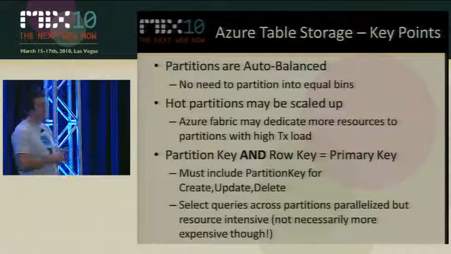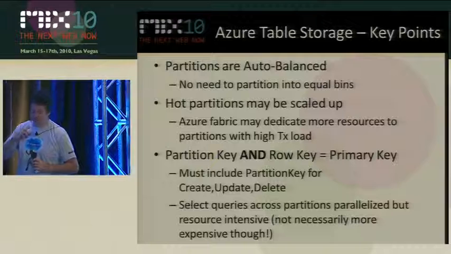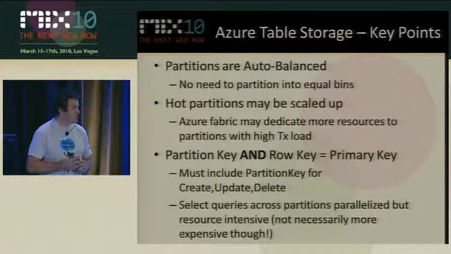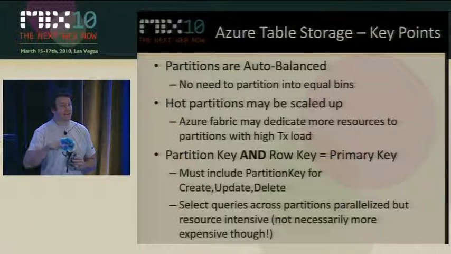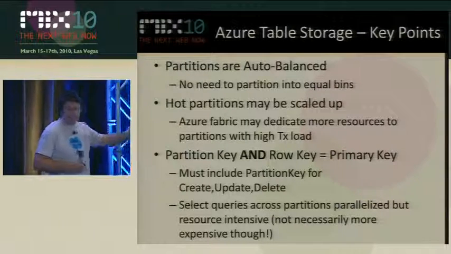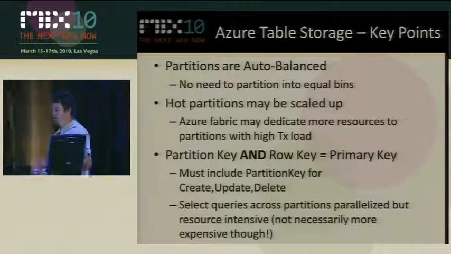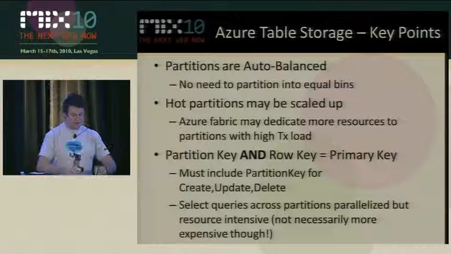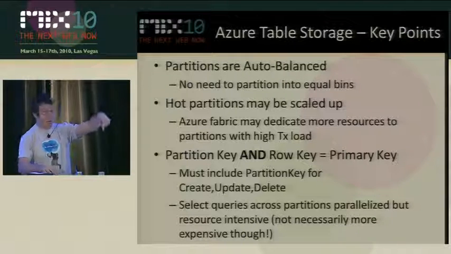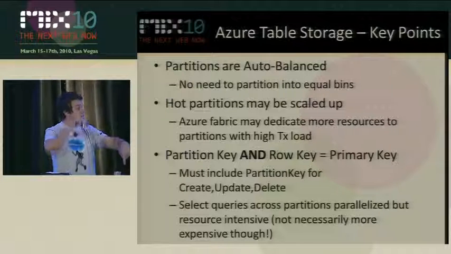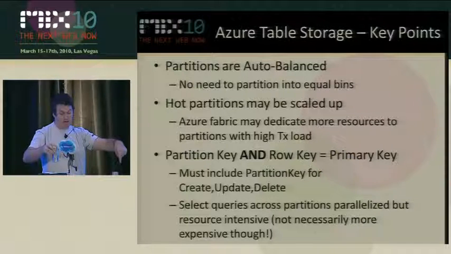With Azure Storage, hot partitions may be scaled up. And what I mean by that is if we see a lot of read-write loads suddenly starting to hit a particular partition, remember, we've got 3 copies in the data center. Let me grab a Red Bull can. 3 copies in the data center, 1, 2, 3. This one's been hit, been slammed. What we're going to do is we're going to find one of the other partitions. It's on a box somewhere.